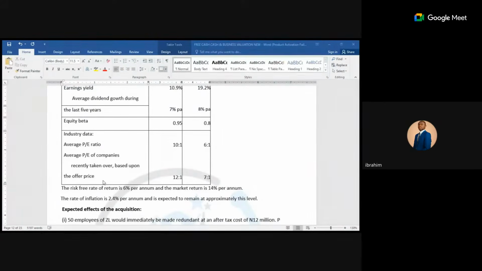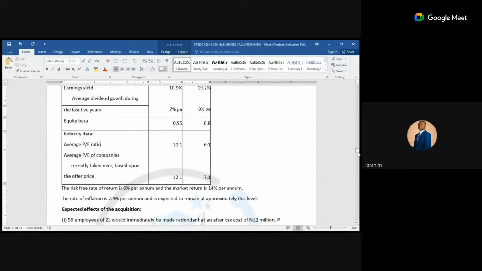You've seen it, right? Yes, sir. And they want to acquire now, so it has to be the recent PE ratio, right? And it is for ZL.